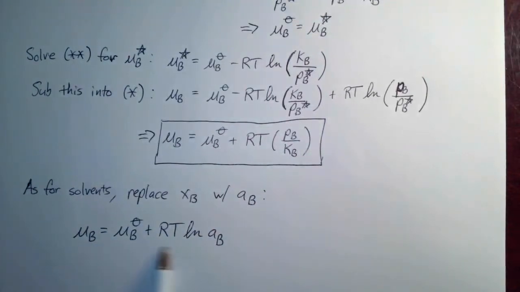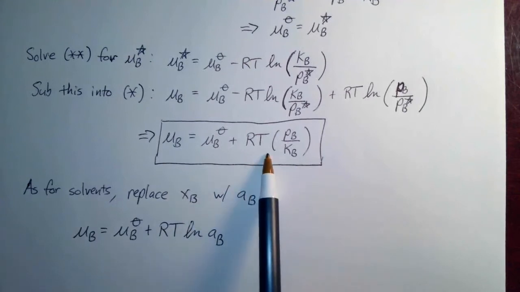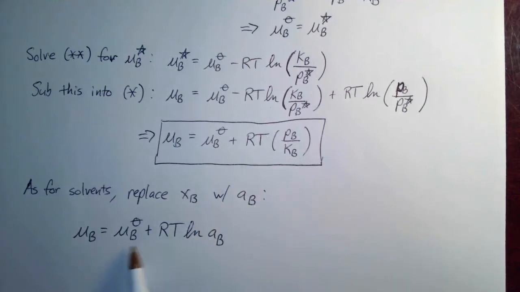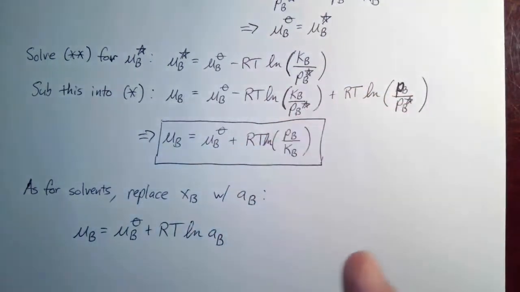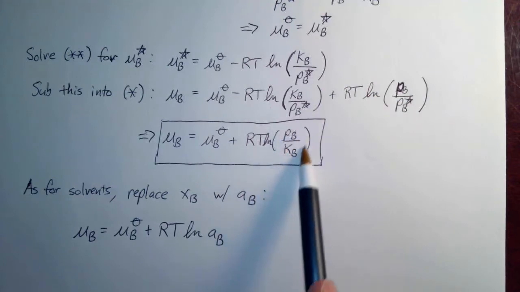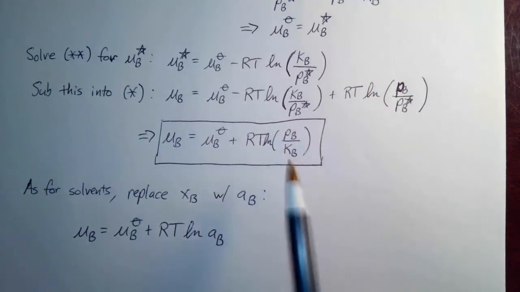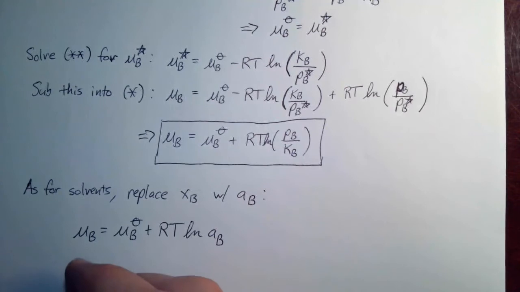And if we compare this equation to the one in the box, then we can see that AB, the activity, must equal, oops, there should be an ln here, must equal this argument, right? Because everything else is the same, all right? So this gives us a formula for the activity of the solute.